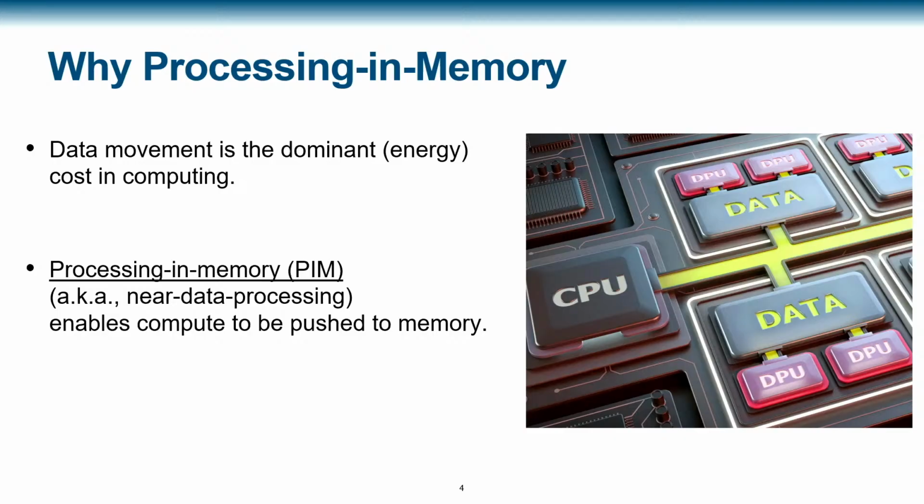You could throw a lot of energy and expensive hardware at it, like GPUs, to make data movement not affect end-to-end performance as much, but it's still going to be an energy hog. So the idea is that if compute is cheap and data movement is expensive, let's push the compute. Let's close that distance, so there's less data movement.